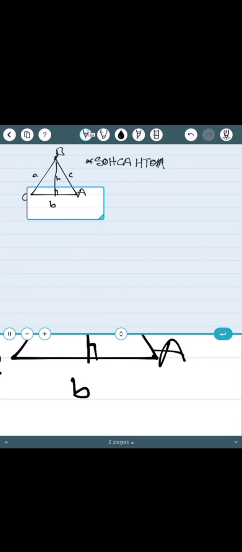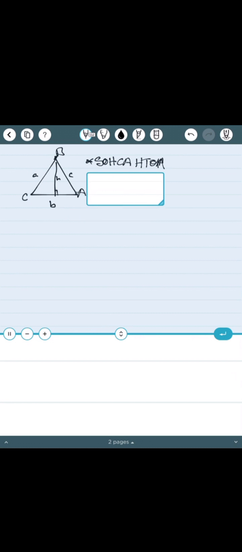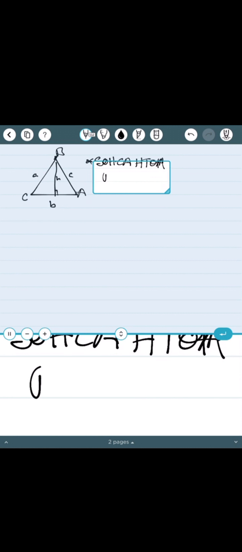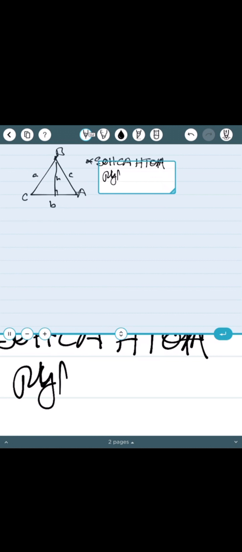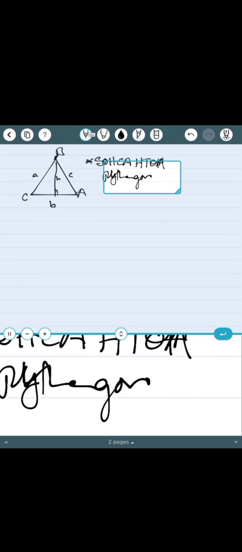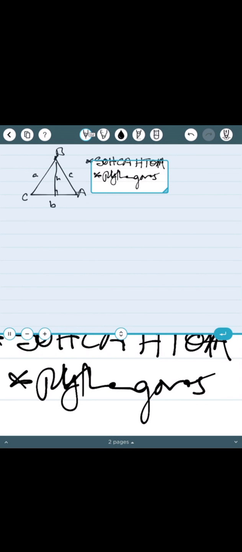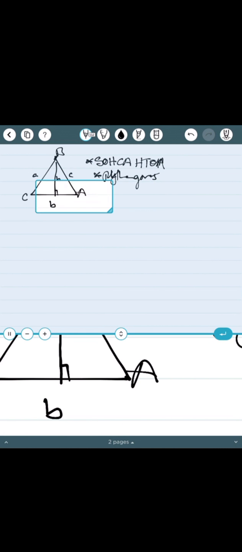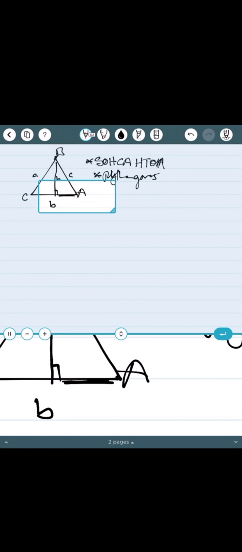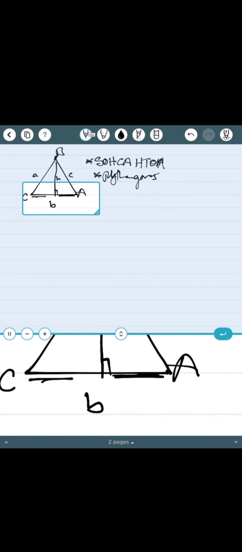The first thing which we are going to do is apply the Pythagoras Theorem. But in order for us to apply this one, it simply means that we need to know the length of that side and the length of that side.